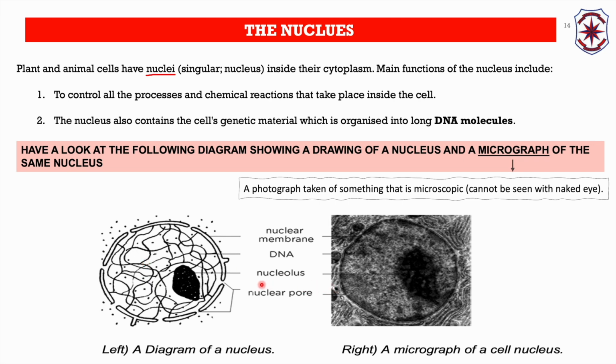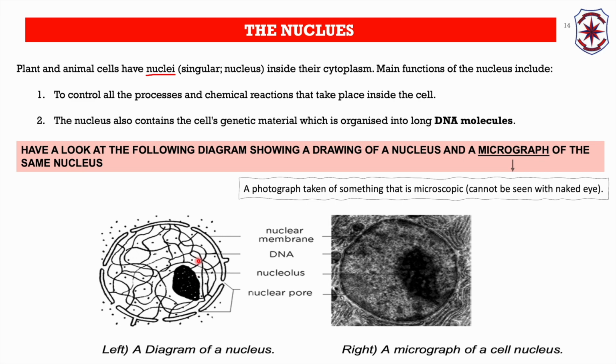And then inside the nucleus, we have the nucleolus, not to be confused with the nucleus. The nucleolus is usually a dark pigmented part. Mostly they are drawn as a dark pigmented dot. There it is known as the nucleolus.